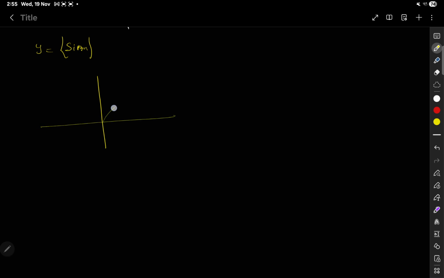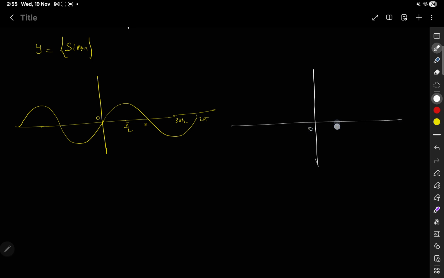First draw sin x, with 0, pi by 2, pi, 3 pi by 2, 2 pi. From 0, closed, to pi by 2, open, if you see, the graph lies between 0 and 1. So let it lie between 0 and 1, no problem.